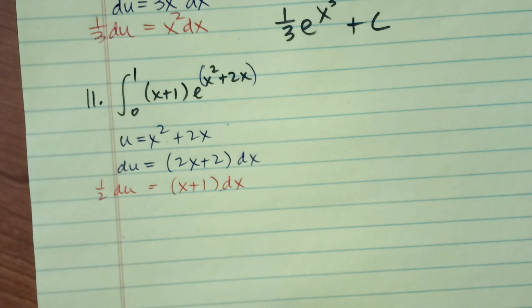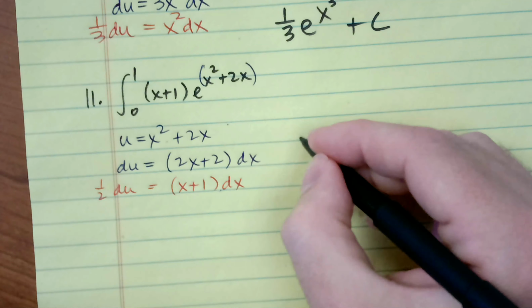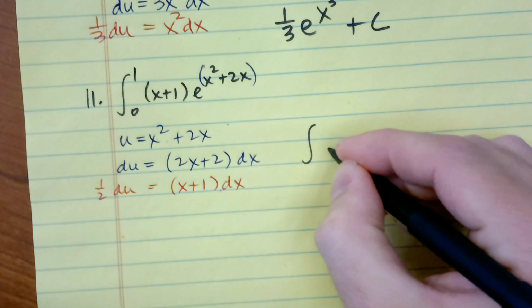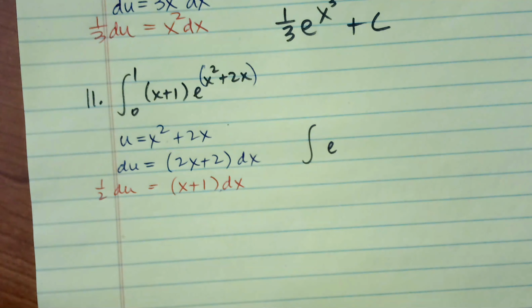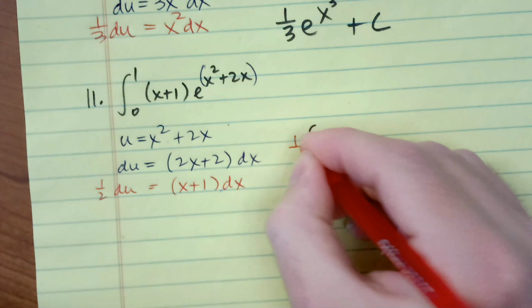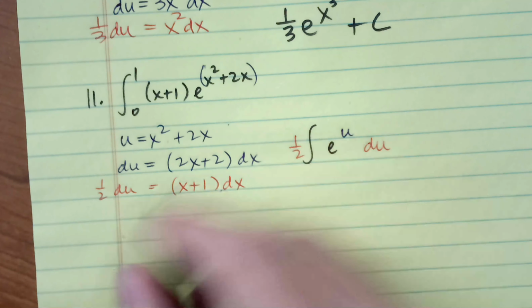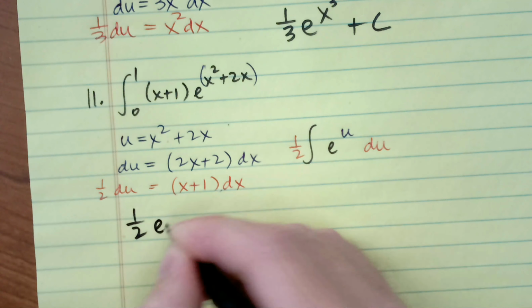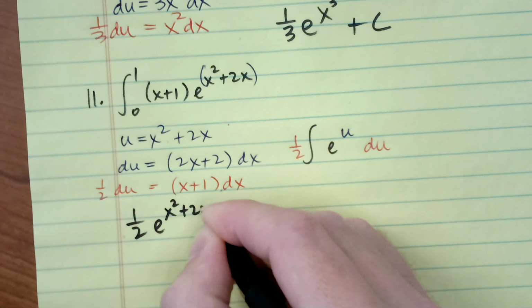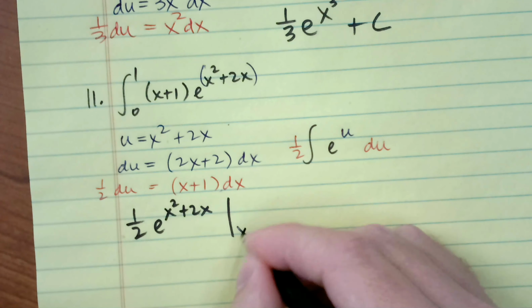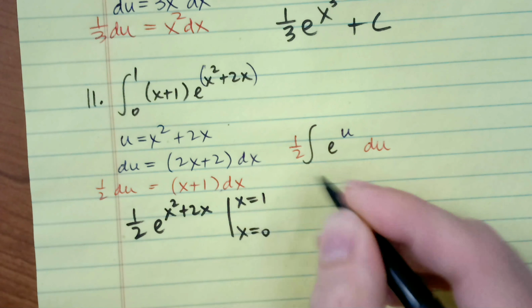Then I'm just going to use my u-substitution to compute an antiderivative. So the antiderivative of e to the power of u multiplied by half of du is going to be equal to 1/2 e to the x squared plus 2x as x runs from 0 to 1.